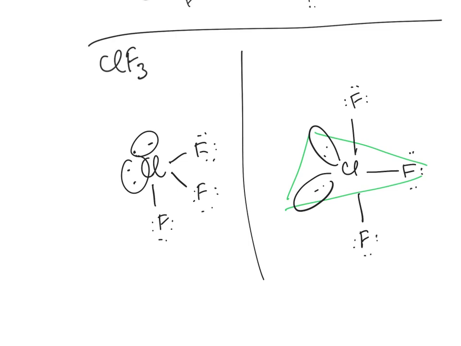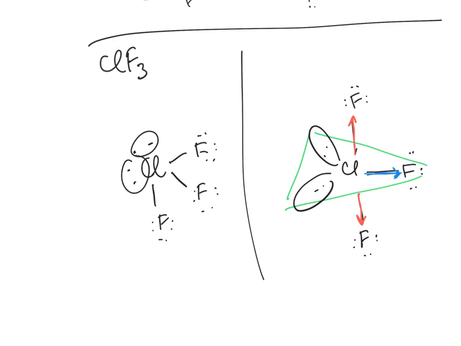All right, now the dipole analysis here. This dipole cancels with this dipole, but this dipole does not cancel. There is some kind of an effect with the lone pairs, but it's not like a full bond. There's no net dipole. Don't worry about any of that.